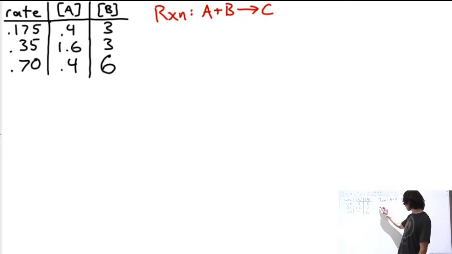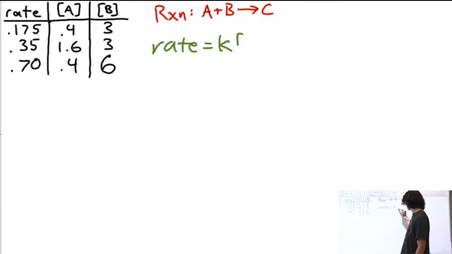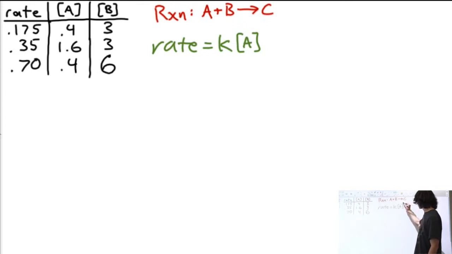So if you remember your rate law, it says that the rate is equal to some constant times the concentration of one reactant to some exponent times the concentration of some other reactant to an exponent as well.